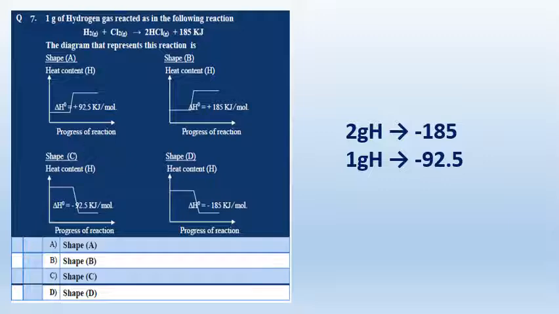What happens here? I divided 185 by 2, which equals 92.5. It is released, so it must be a negative sign: negative 92.5 kilojoule per mole. So the answer will be shape C.